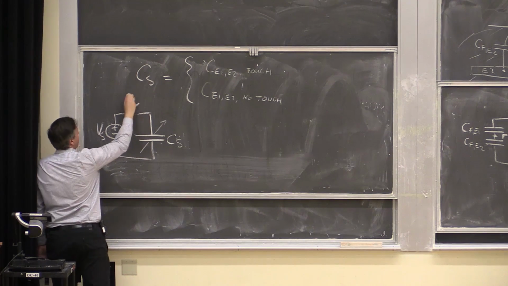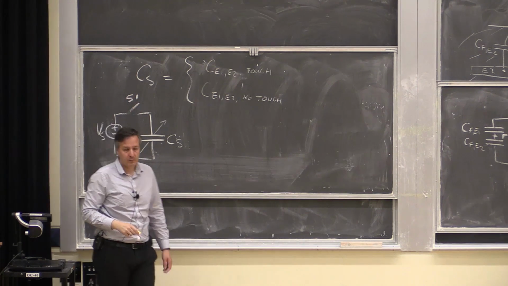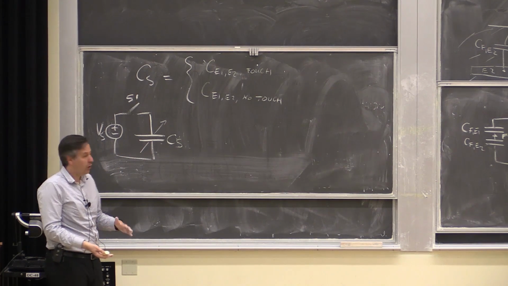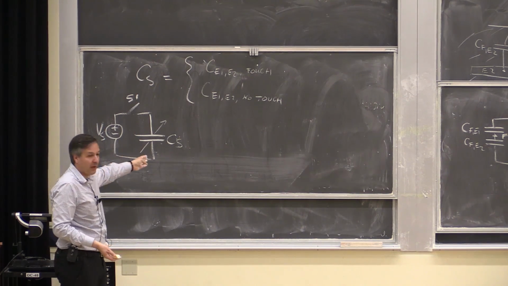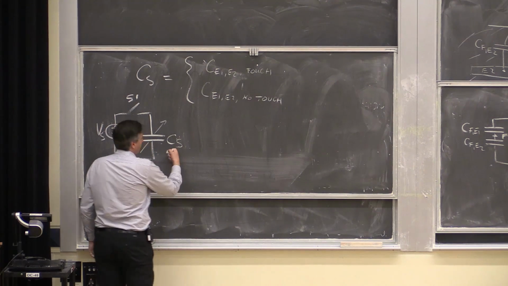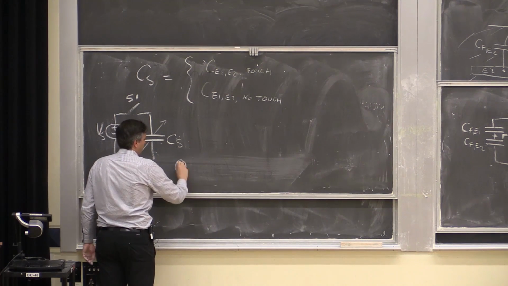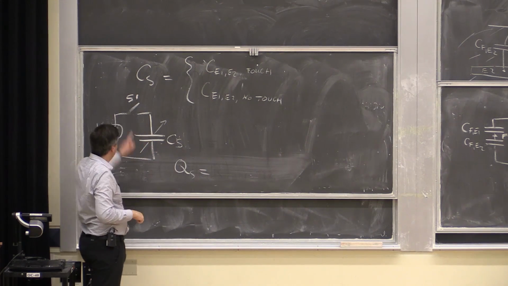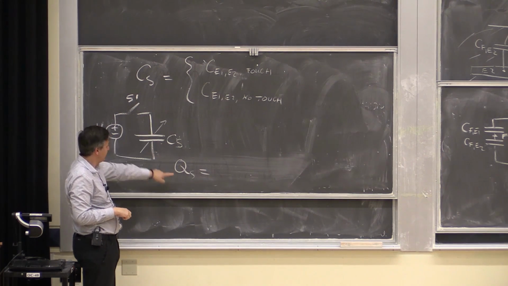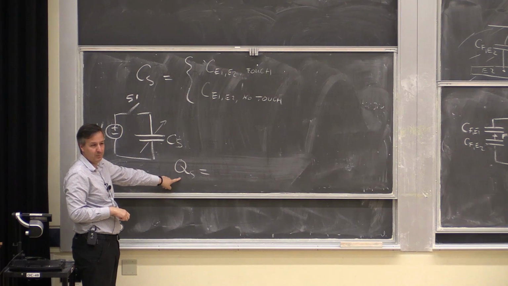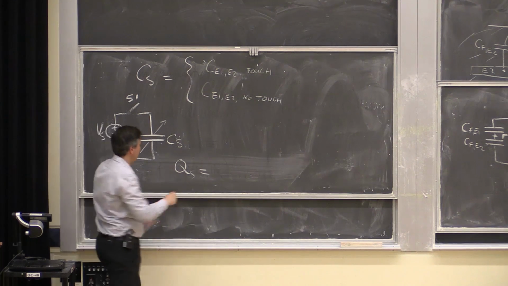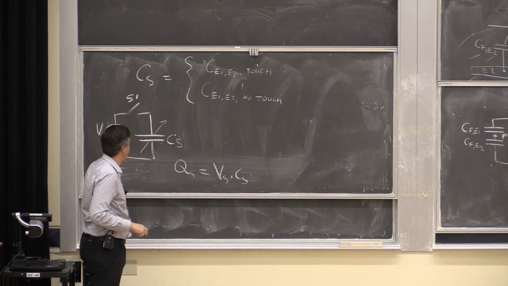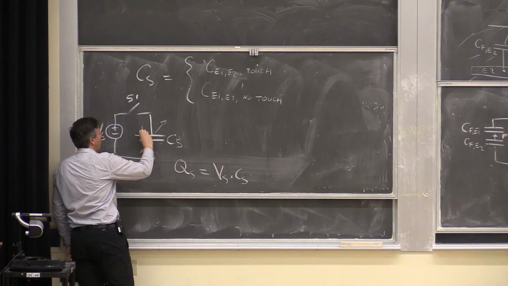Let's call this switch S1. At some point in time, I will turn that switch on, and this capacitor will get some Q sense, which is what? If I close this switch, what is Q sense going to be? Vs times Cs. So that Q will be defined here.